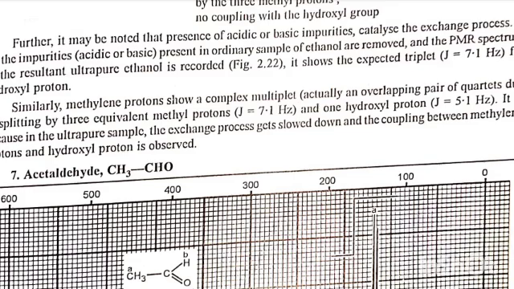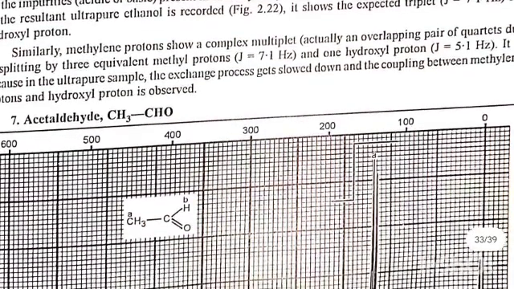If all the impurities, acidic or basic, present in an ordinary sample of ethanol are removed and the PMR spectrum of the resultant ultra-pure ethanol is recorded, it shows the expected triplet, J equal to 7.1 Hz, for the hydroxyl proton.